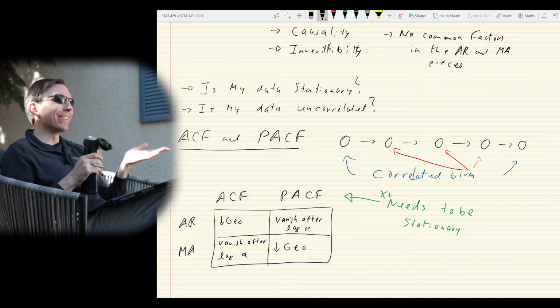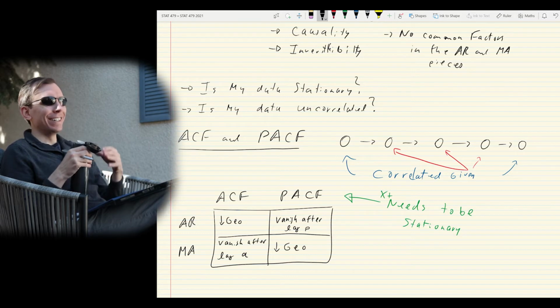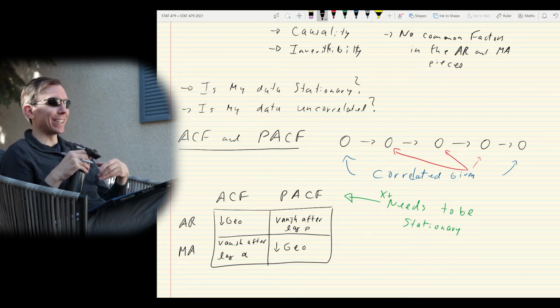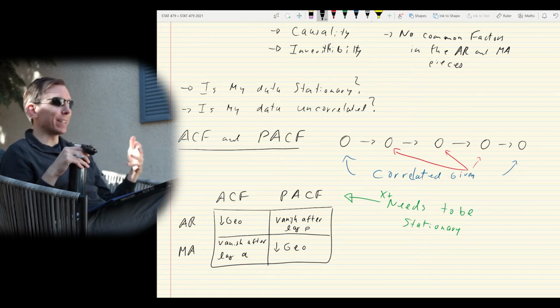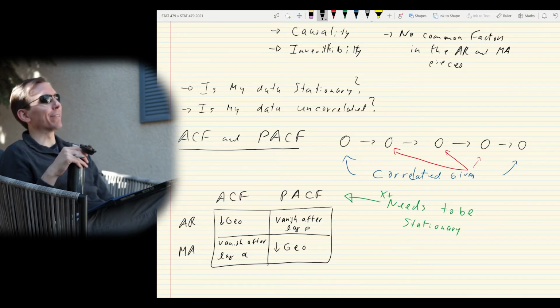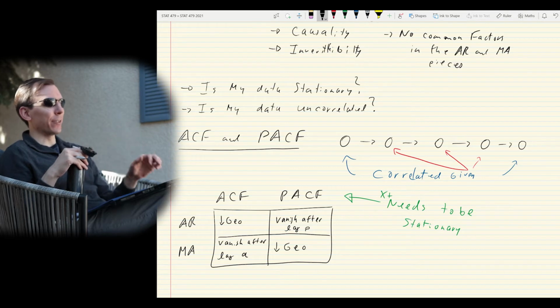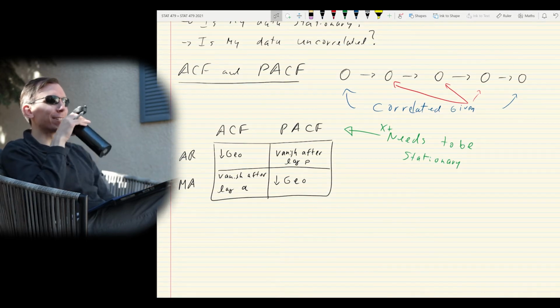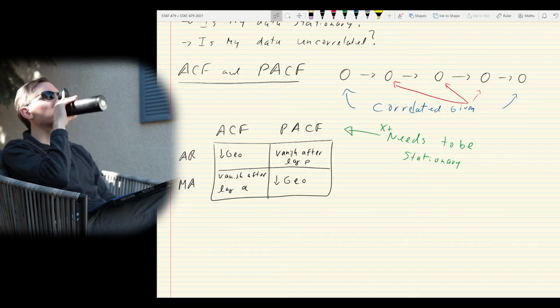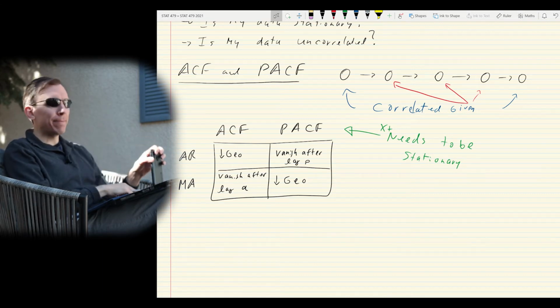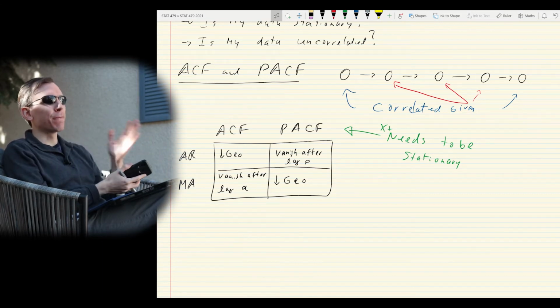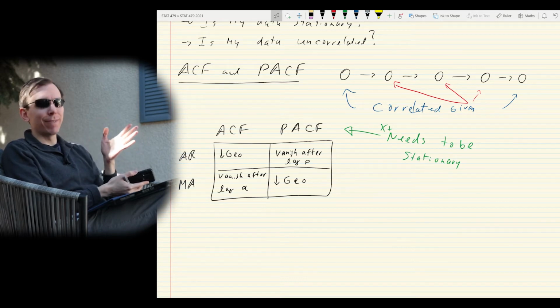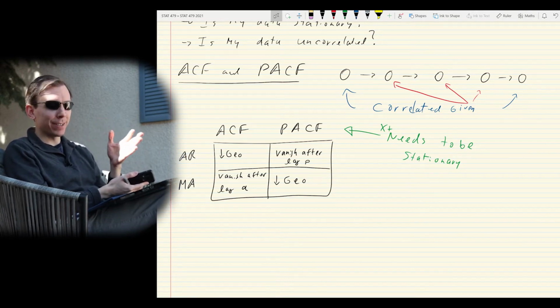So in some sense, you can use that to determine if you have a non-stationary time series, because you're going to see massive correlations everywhere, typically massively positive correlations. I'm not sure if you could ever get a lot of negative correlations, because negative correlations are a bit stranger than positive correlations to deal with. But basically, these are two really useful tools, both mathematically and visually from a data analysis perspective.